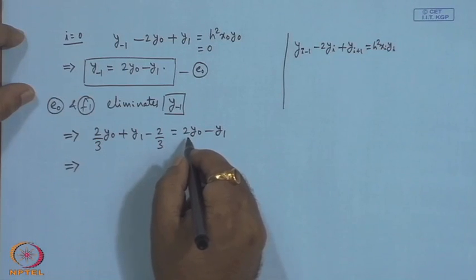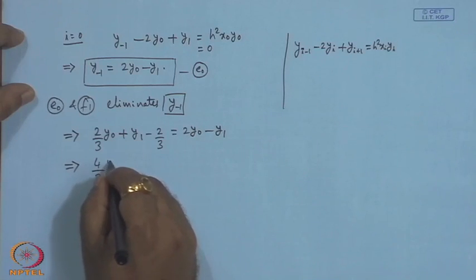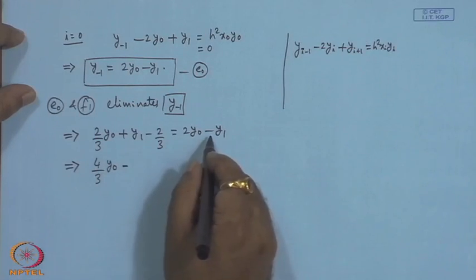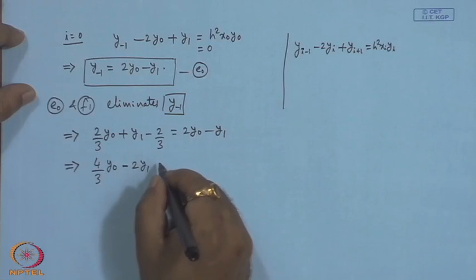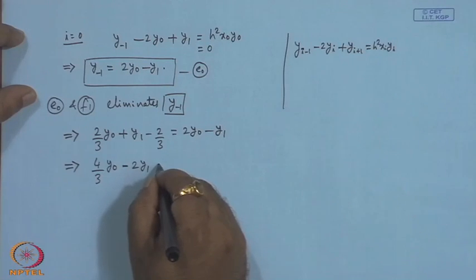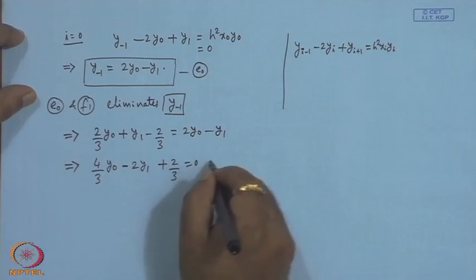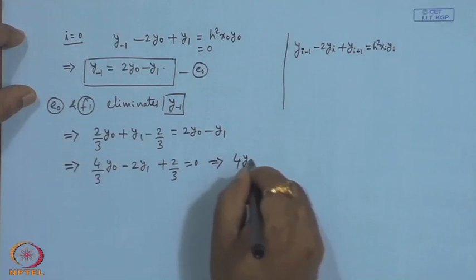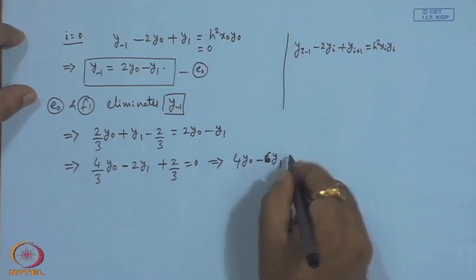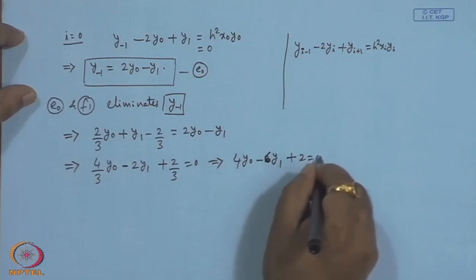So, this is 2 minus 2 by 3, that is 4 by 3 y 0, minus 2 y 1, and 6 y 1 plus 2 equals 0.